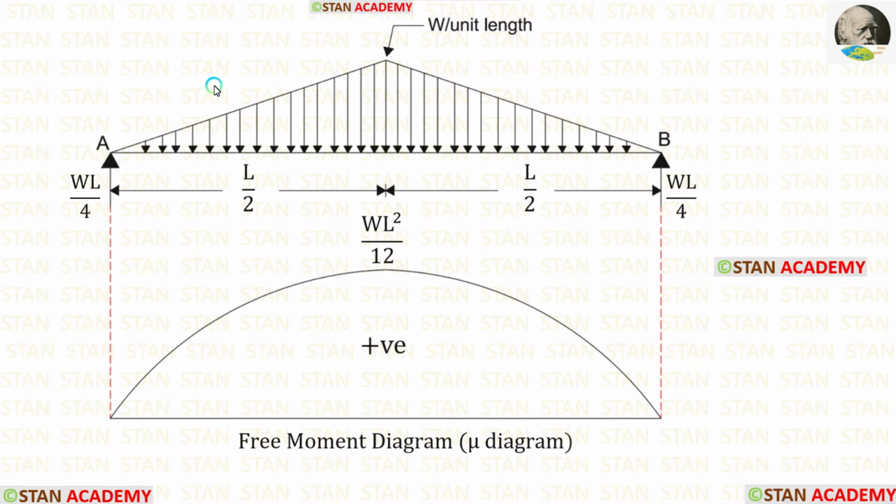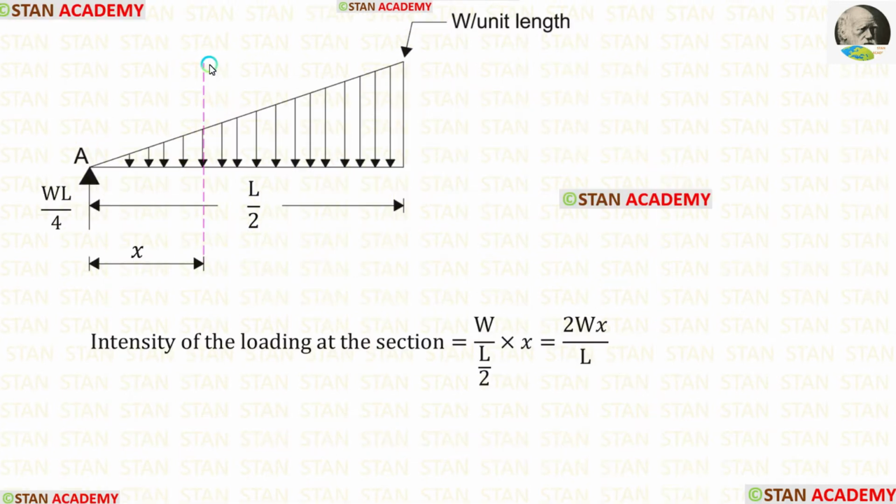I am going to make the section on the left side and then multiply the integration by 2. You can see that I have taken the left side and made the section at a distance of x from the point A. In this section, we have to find the moment.